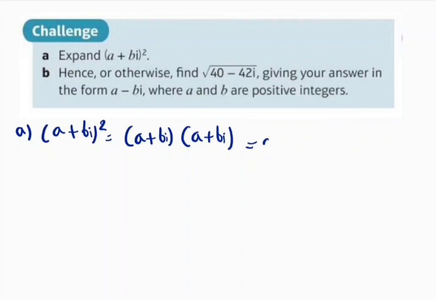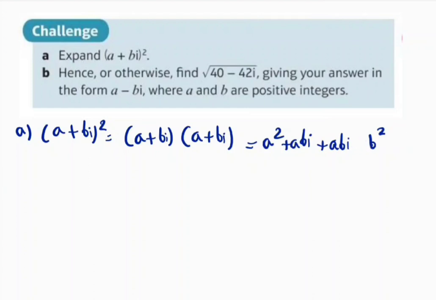So a times a is a squared, a times bi is abi, bi times a is again abi, and finally bi times bi is b squared i squared, and we know that i squared gives us -1, so that is equal to minus b squared.